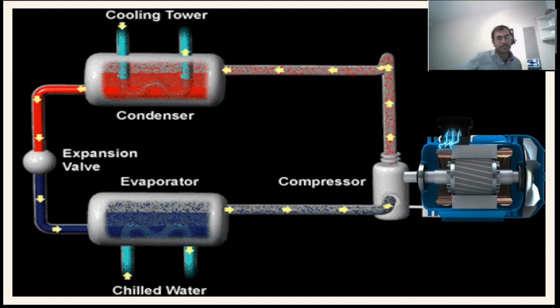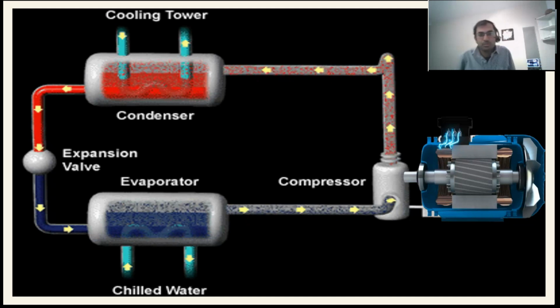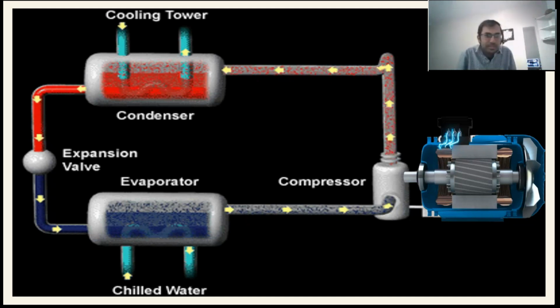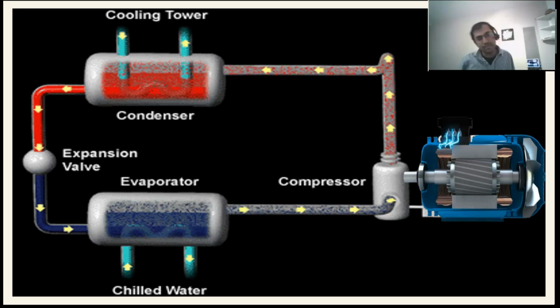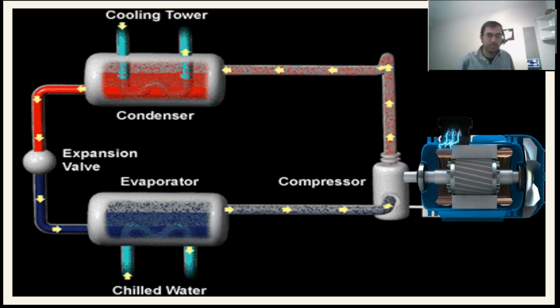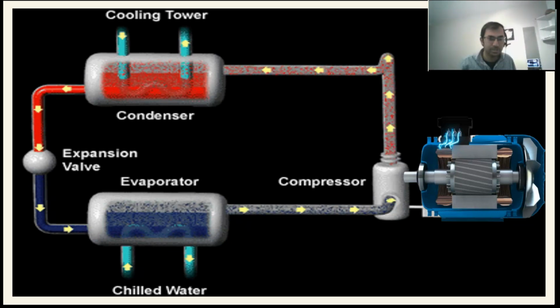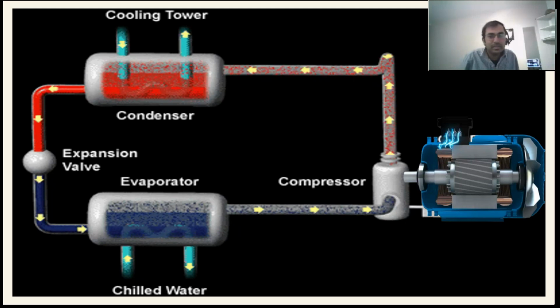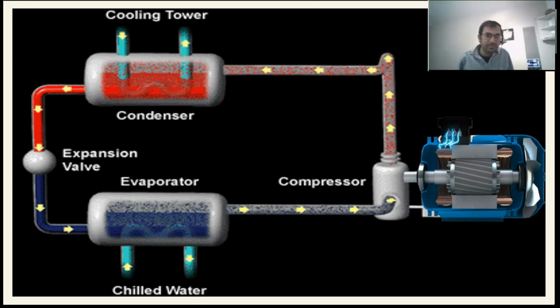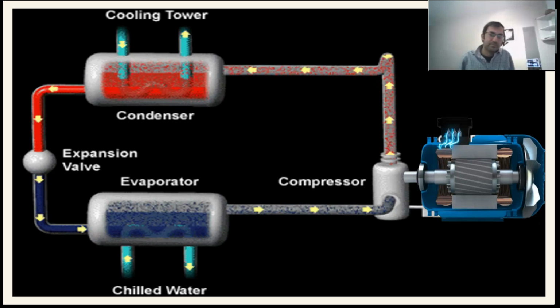So here you see the evaporator, then it is going to compressor, then condenser, and then expansion valve, and from the expansion valve it is going to evaporator. In the evaporator you see the evaporation happens and the liquid refrigerant becomes vapor. This vapor goes to the compressor, and in the compressor its pressure and temperature increase, so it symbolizes as the red one.